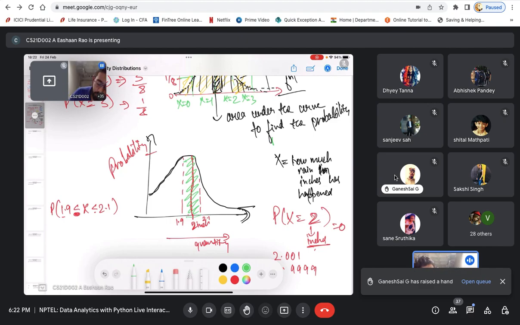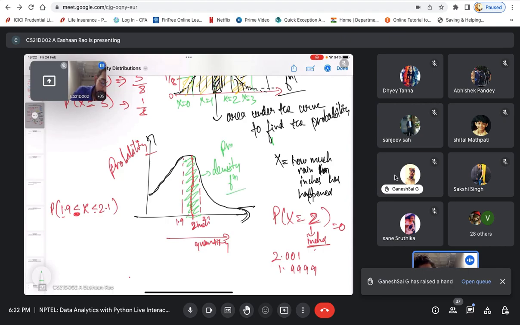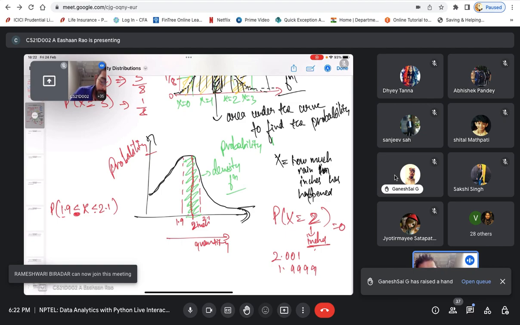Identifying the area under this curve using density functions is called the probability density function. If you find these values, you get the probability of how much rain might happen, which is almost near 2 inches of rain.